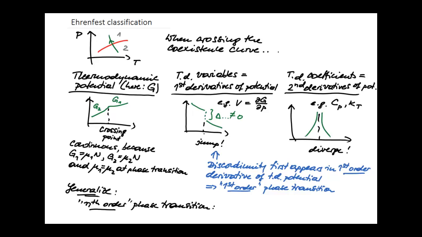We will look at the Ising model of an anisotropic ferromagnet, and we will see that the entropy is continuous at the phase transition. But there are certain thermodynamic coefficients that are discontinuous at the phase transition. And that's why it's a second-order phase transition. And more generally, an nth-order phase transition is a transition where the discontinuity first appears in the nth-order derivative of the potential.